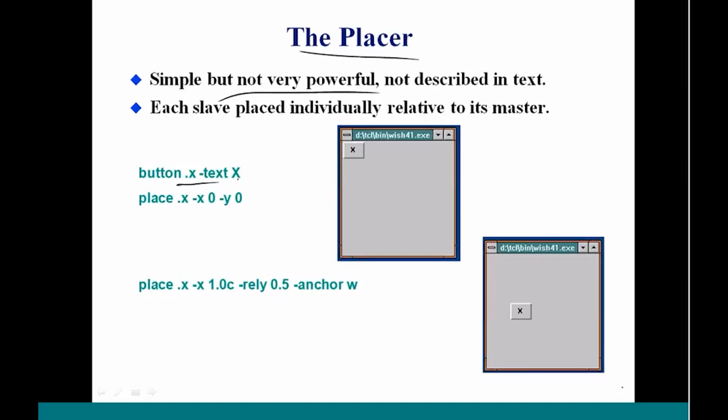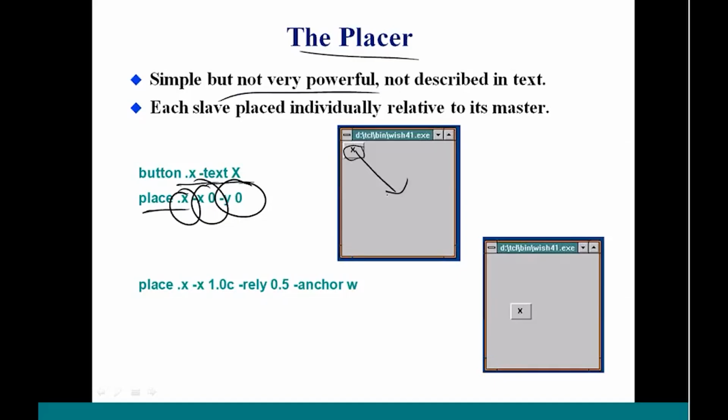For example, we create a button called X within this window, and we say button .x, then place .x with X coordinate at 0 and Y coordinate at 0. So it puts it at the top of this window.